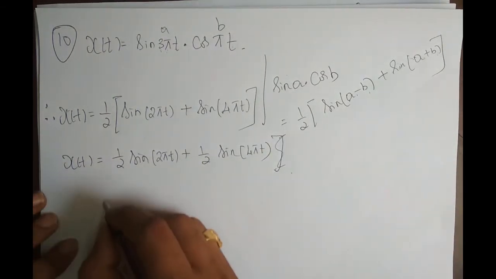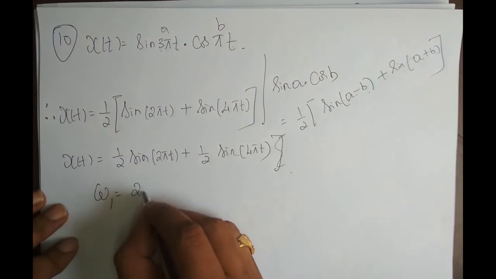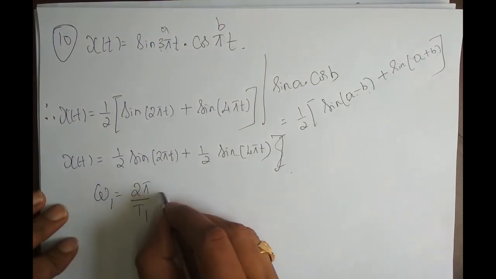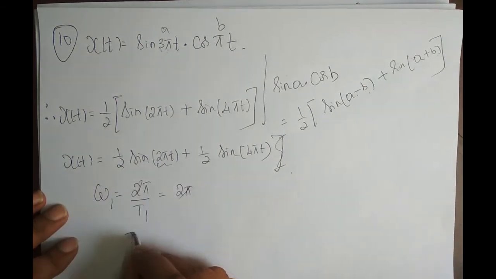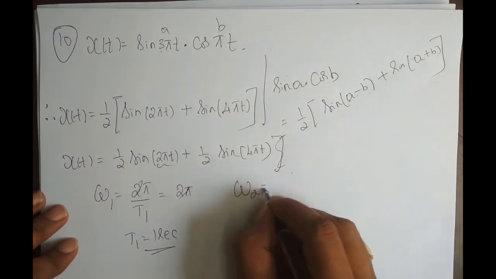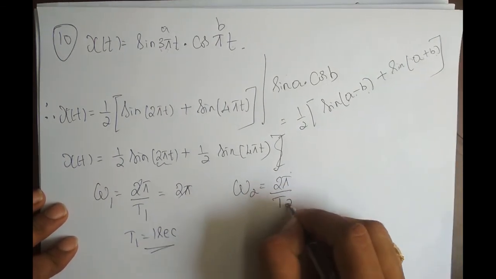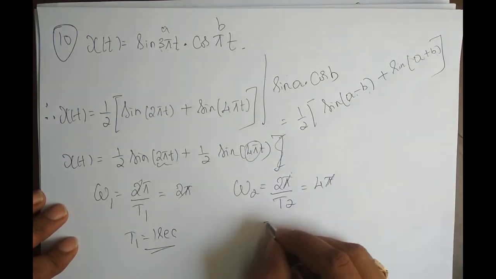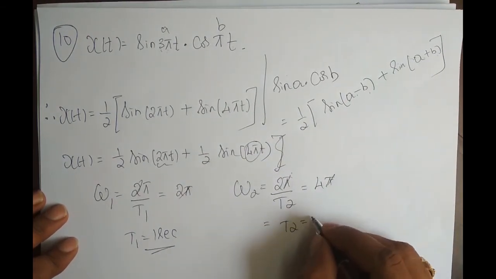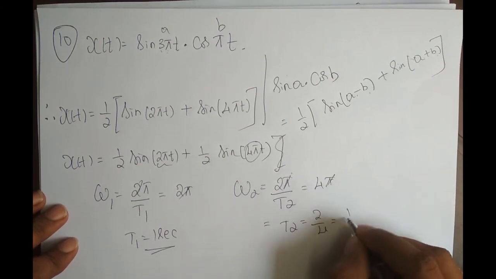Okay, so now omega 1 is equal to 2 pi by T1, which is equal to 2 pi. So therefore T1 is equal to 1 second. Now, omega 2 is equal to 2 pi by T2, which is equal to 4 pi. So pi cancels out. So T2 is equal to 2 by 4, which is equal to 1 by 2 second.